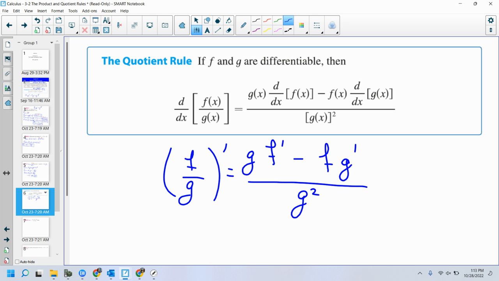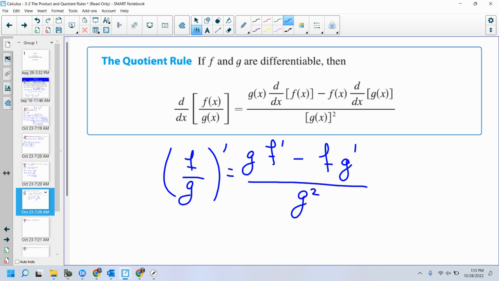Low, d high (d stands for derivative), minus high, d low, all over low squared. That's how they memorize it. I don't know, I just memorize this: g f prime minus f g prime over g squared.